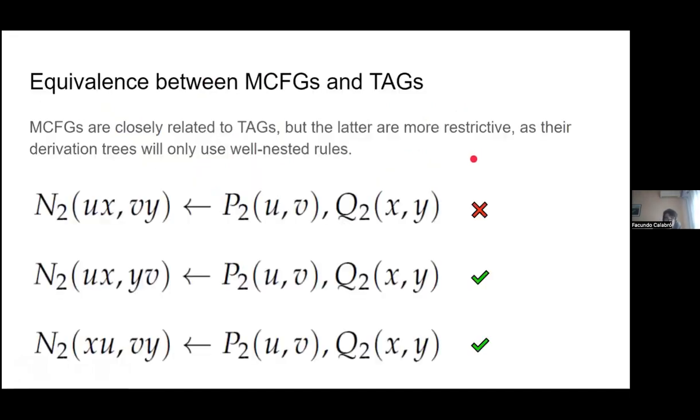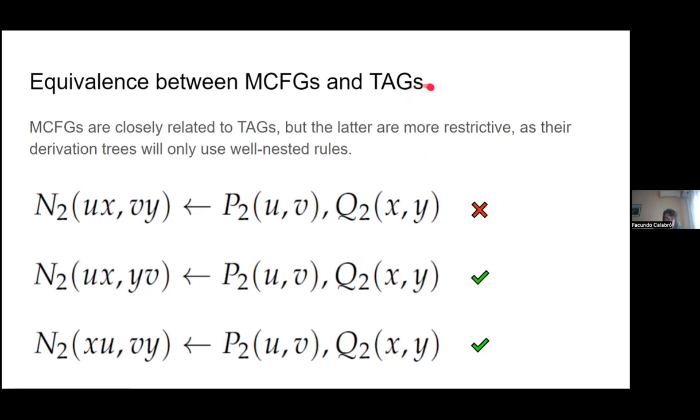Okay, so now we can consider briefly the equivalence between MCFGs and tree adjoining grammars. What we know is that the set of languages defined by TAGs is properly contained in the set of languages that MCFGs can define.